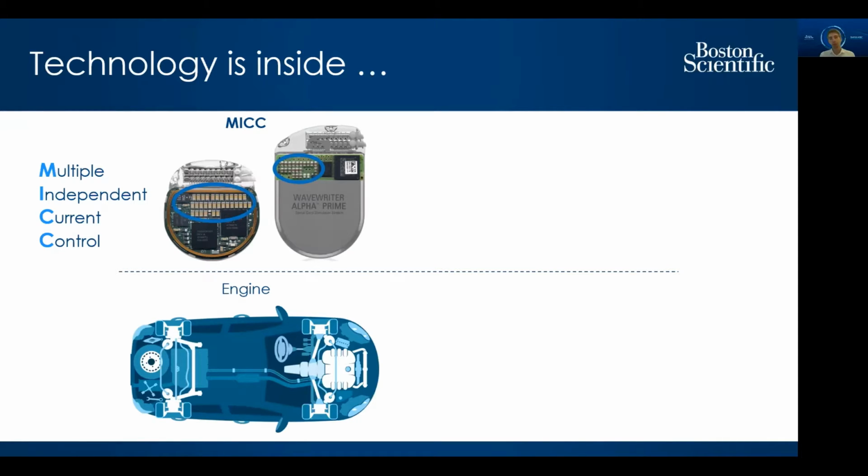And in short, with MICC, every single contact of our lead is controlled by a dedicated source of current. So we will see that if we compare MICC to a conventional single source system, we can see quite large differences.